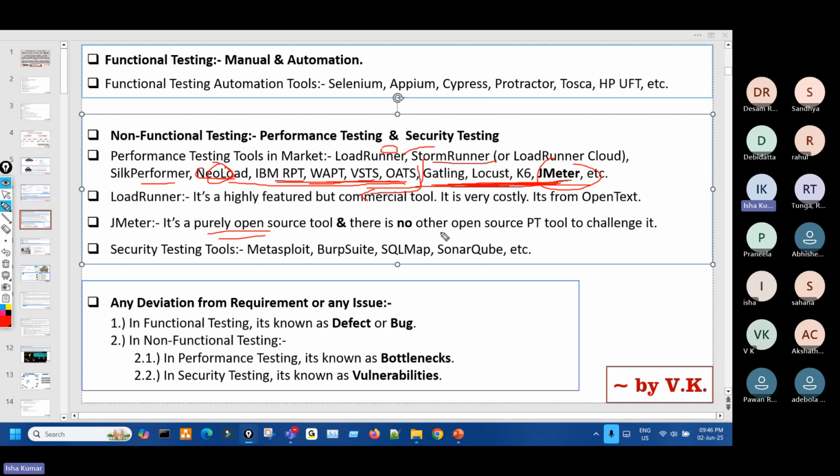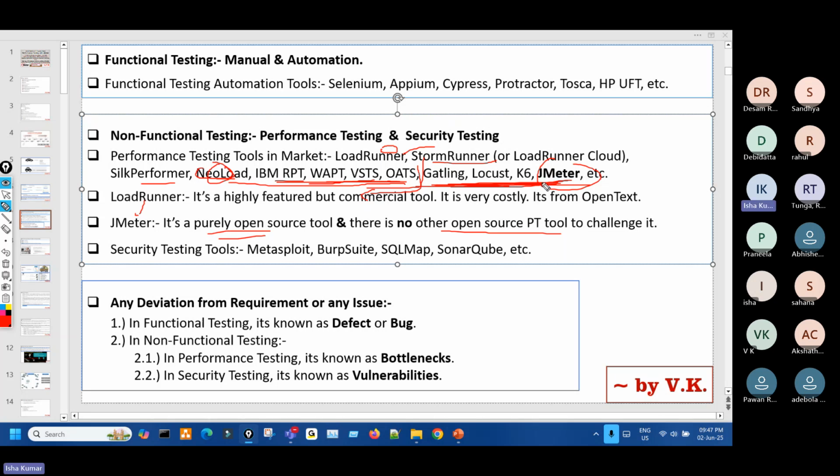And there is no other open source tool in the market to challenge it. You cannot compare LoadRunner and JMeter, so that comparison we cannot do. One is a very highly advanced tool, but it's highly costly. And another one is an open source tool, and it can do most of the work that LoadRunner can do.